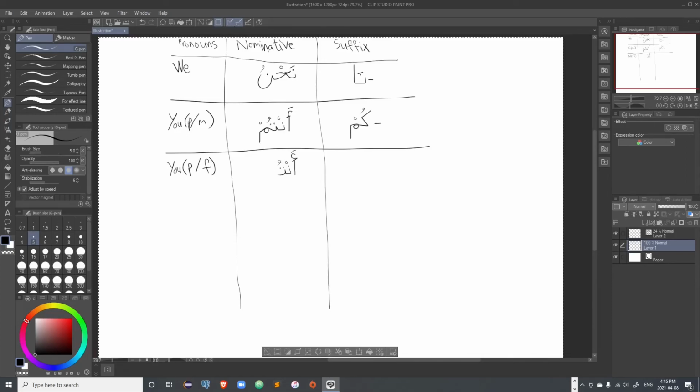Now here what we will add is the feminine noon. It is referred to as the feminine noon because it is added as a suffix to indicate femininity. So it would be, I'll just highlight this dhamma, na.